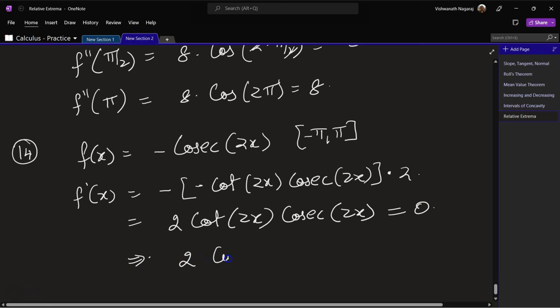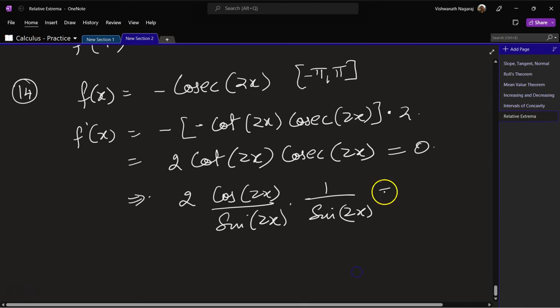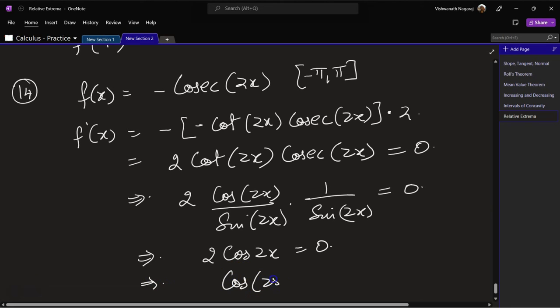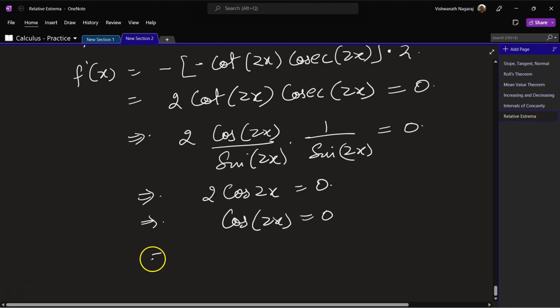We get 2 cos 2x by sin 2x, 1 by sin 2x equal to 0. If we multiply both sides by sin square 2x, sin square 2x disappears. So we get 2 cos 2x equal to 0, which implies cos 2x is equal to 0.